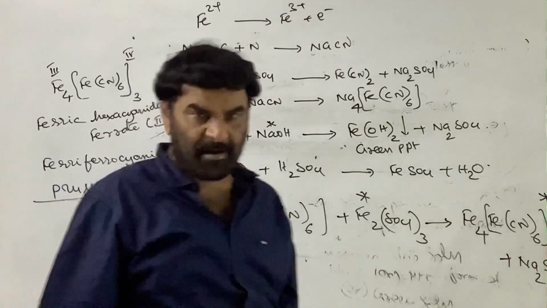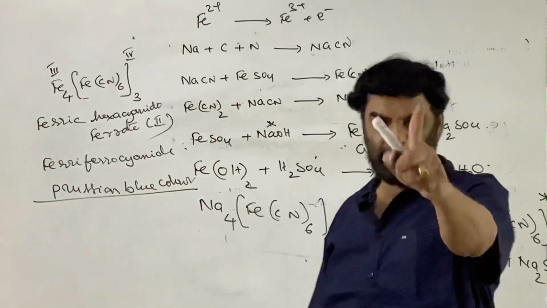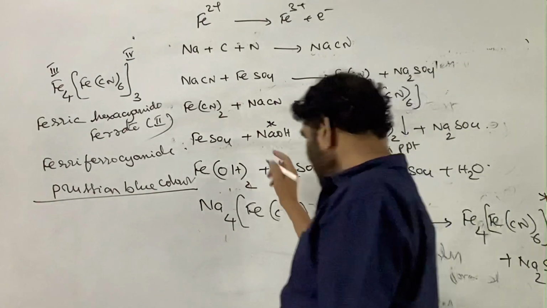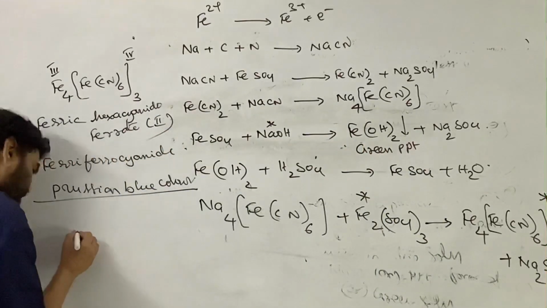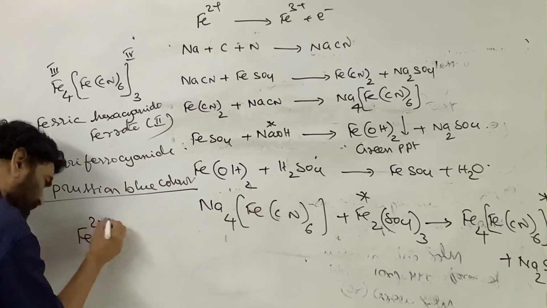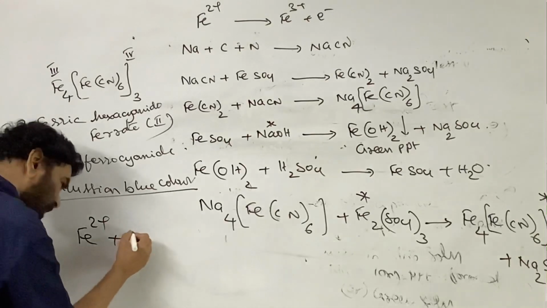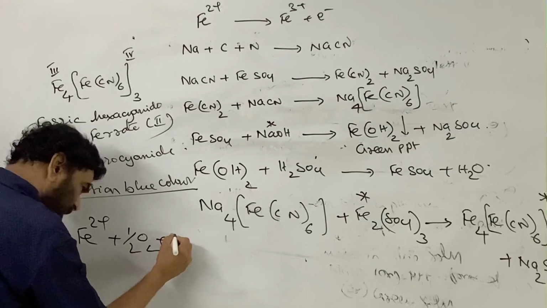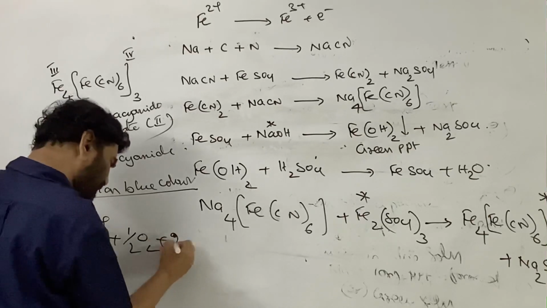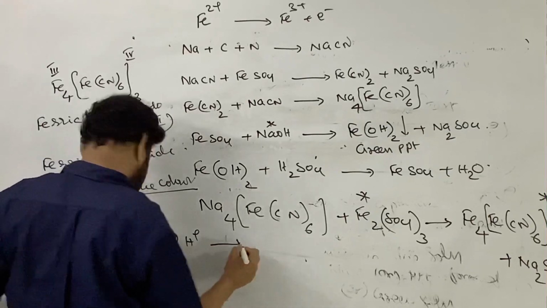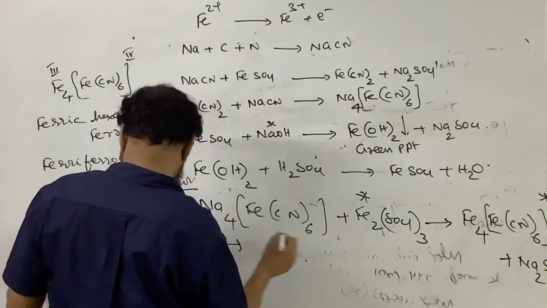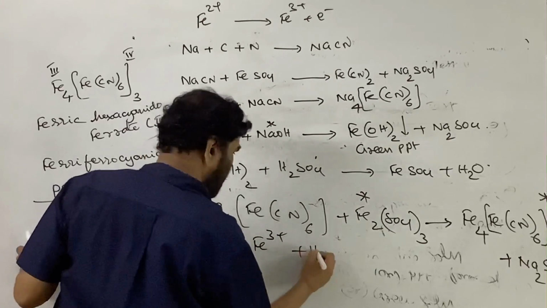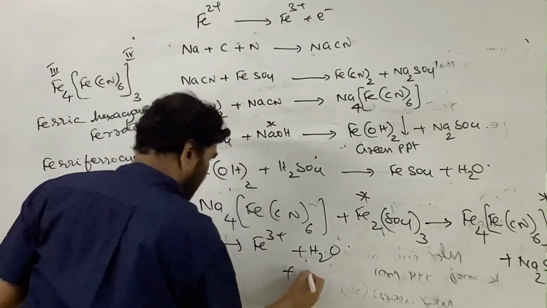Therefore, ferrous salts are not stable in the aqueous solution. So part of it is converting: Fe2+ plus half O2 plus 2H+ gives Fe3+ plus water plus electron.